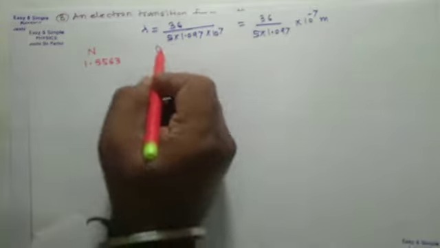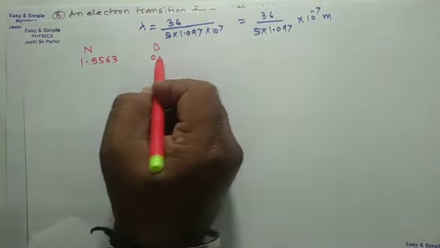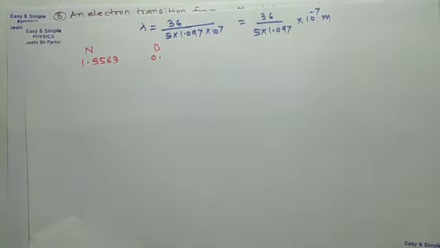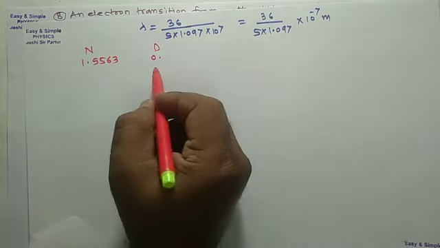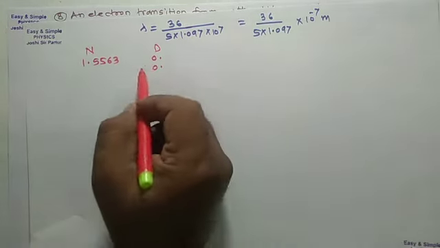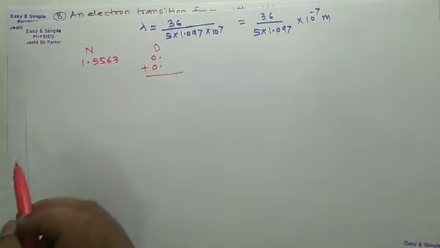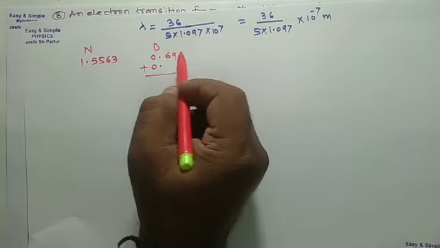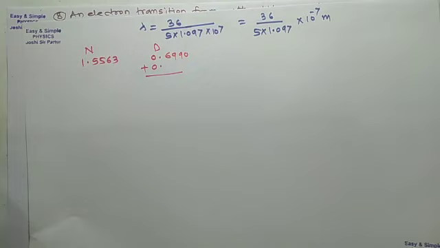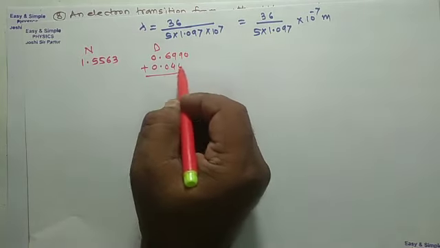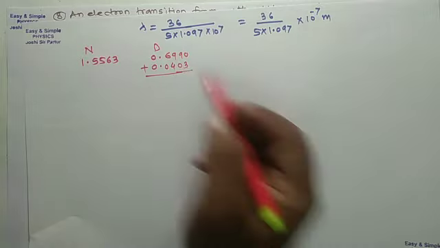In denominator, 5 means its characteristic will be 0 point, and 1.097 its characteristic will be 0 point. So 50 in 0 will be 6990, and 10 in 9, 7 is in mean difference, will be 0403.